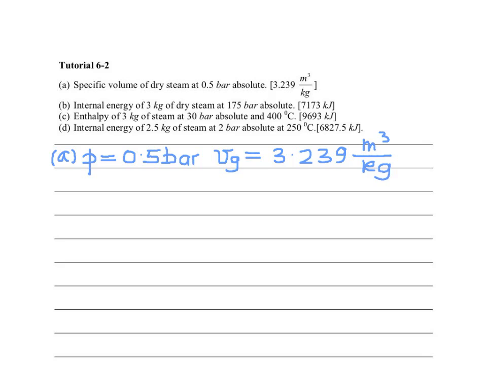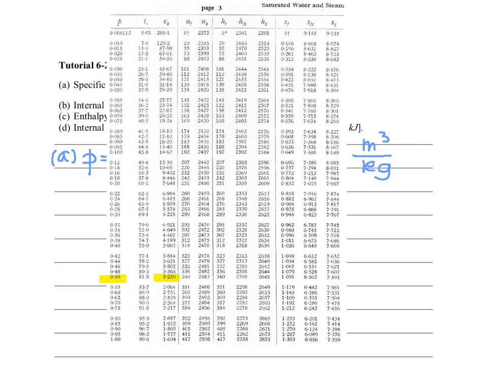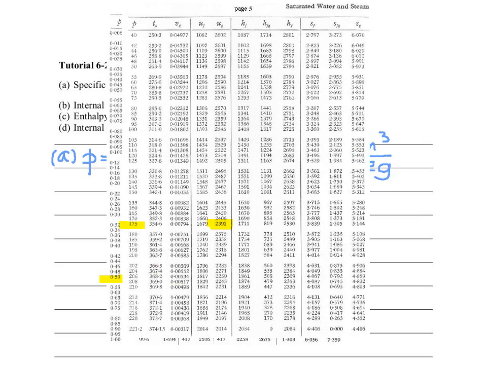Now let's look at part B. At part B, we need to calculate the internal energy now of 3 kilograms of dry steam at 175 bar absolute. Now let's find where we are on our saturated water and steam tables.